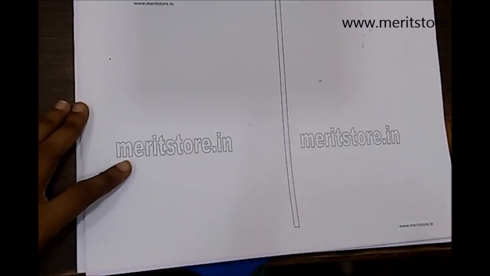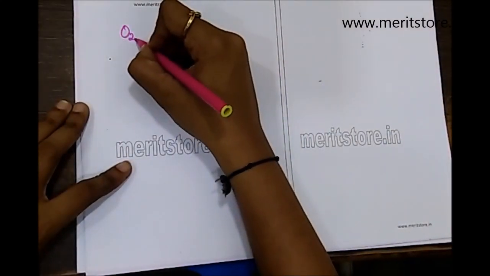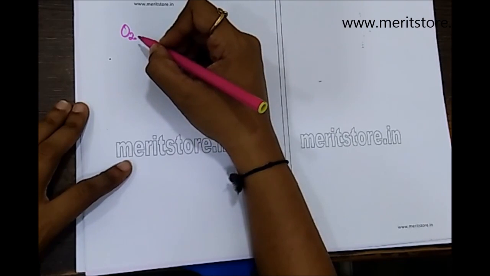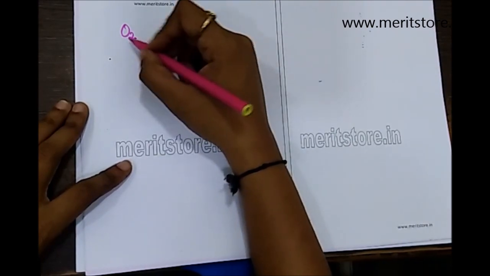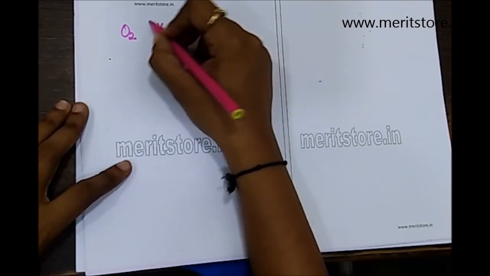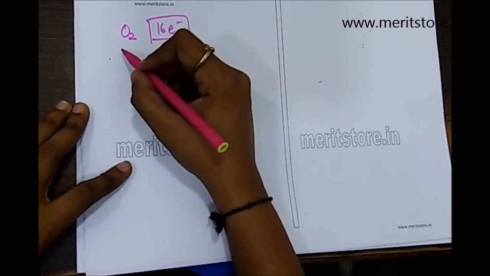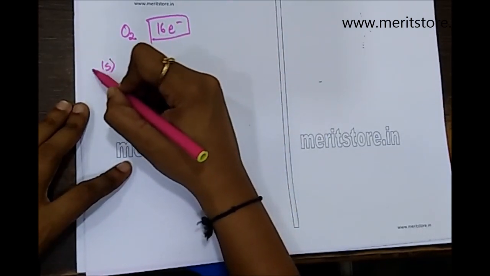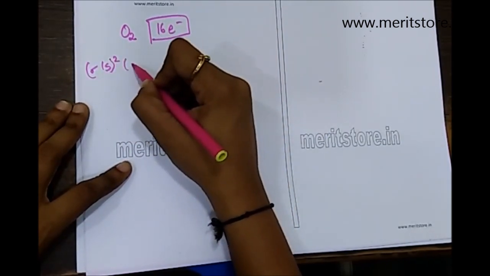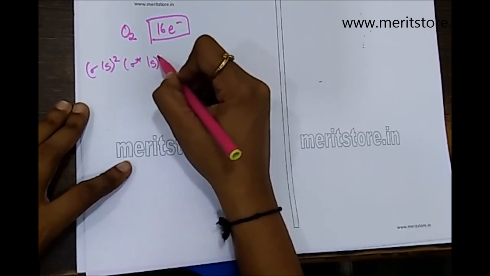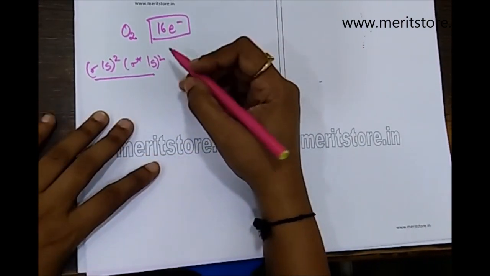Let us take one more example, the oxygen molecule. One oxygen has 8 electrons, so 2 oxygens have a total of 16 electrons to be filled. We start with sigma 1s2 and sigma star 1s2, so we have filled 4 electrons.